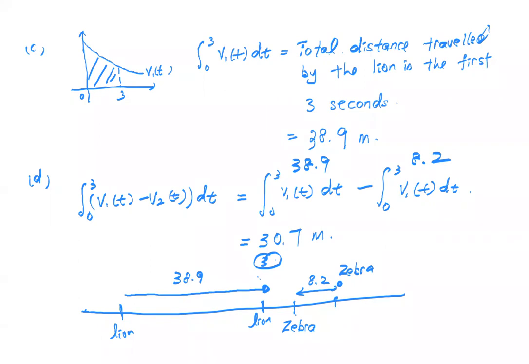Okay, now explain why the lion will be closest to the zebra when V1(t) equals V2(t). Why? So you have to go back to the graph. Look, for part E, I will go back to the graph.